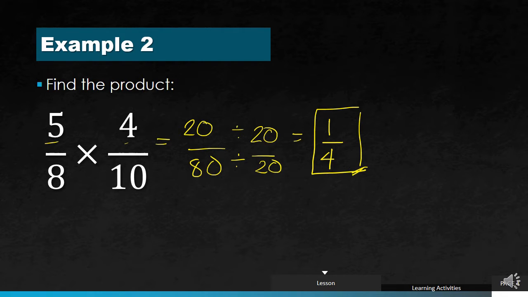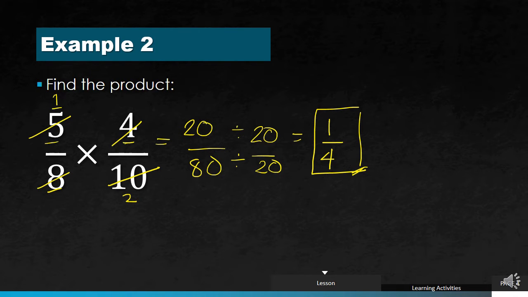There's also another method of doing this. If you go back to your given, all you need to do is simplify this using the GCF. Here you have 5 and 10. We can divide both by 5. So 5 divided by 5 gives you 1, and 10 divided by 5 gives you 2. Then for 4 and 8, their common factor is 4.